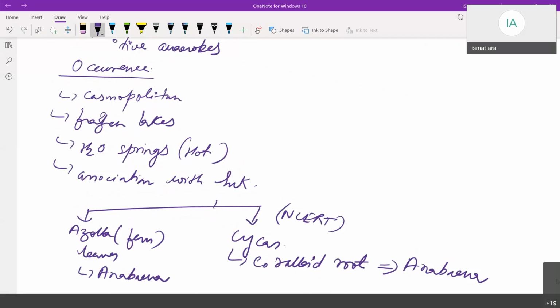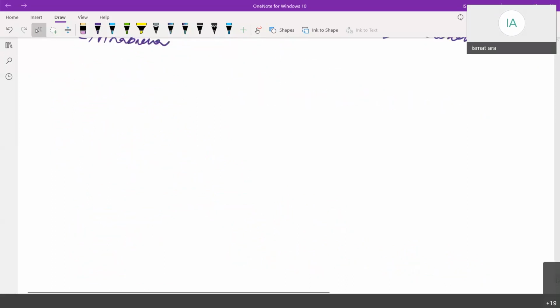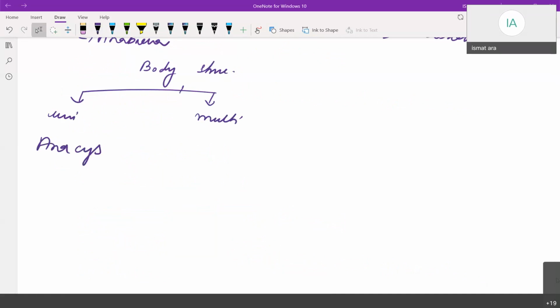Now, what about their body structure, students? They are unicellular and multicellular. An example of unicellular is Anacystis. In multicellular you will get colonial.